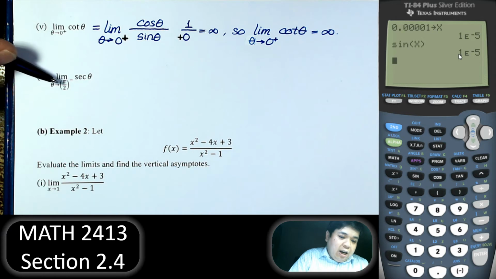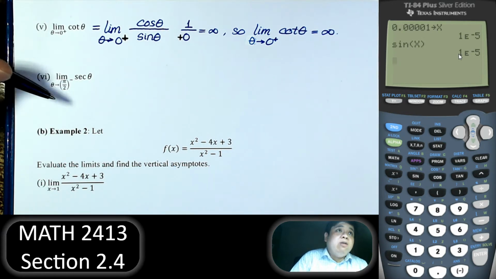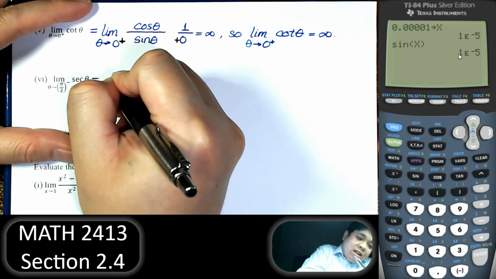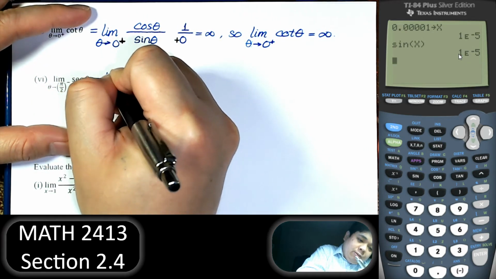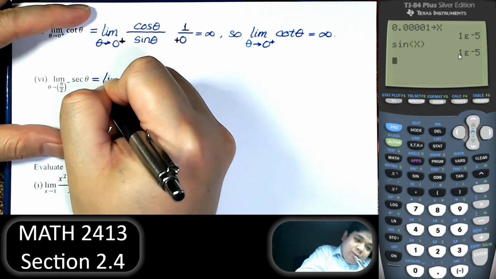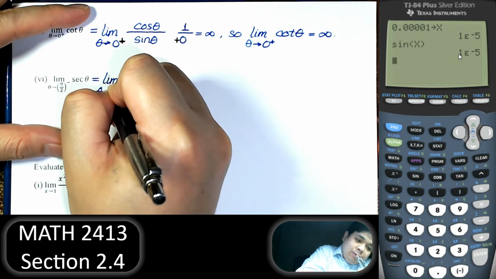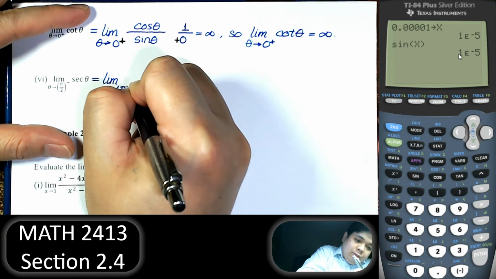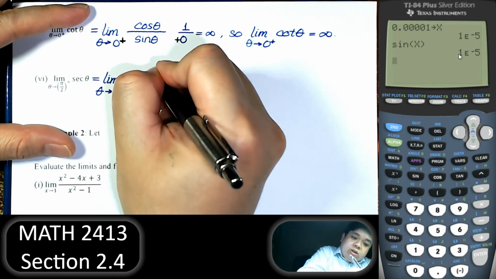Next, the limit when theta goes to pi over 2 from the left hand side. Now I need to write secant as a ratio. Secant is 1 over cosine, right?